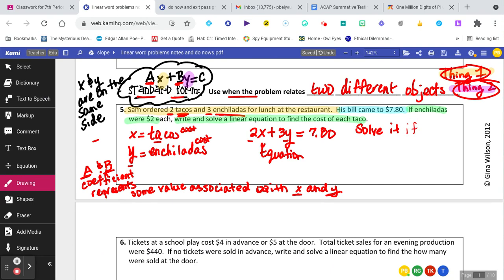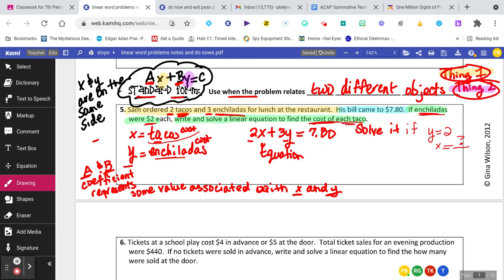Solve it if, now is it an x of 2 or a y of 2? Well, the $2 was the cost of the enchiladas. Well, enchiladas is represented by the variable y. So I'm going to solve it if y equals 2. And when I solve it, if I'm plugging in a y, that means I must be solving for an x. x is the cost of each taco, which is what they asked us to find.